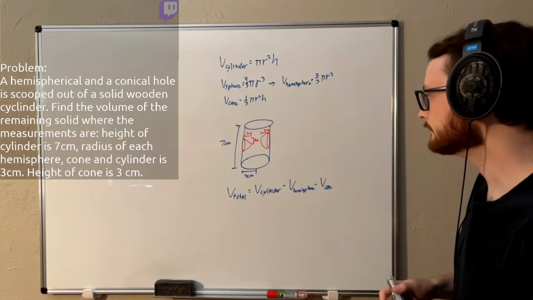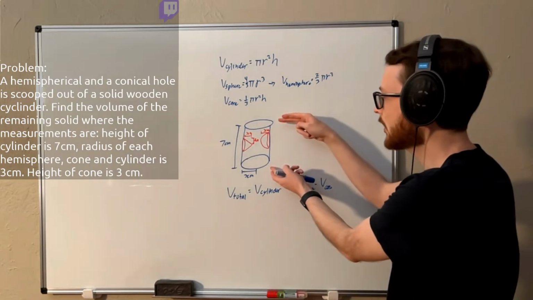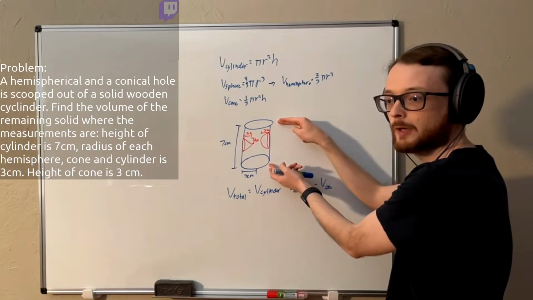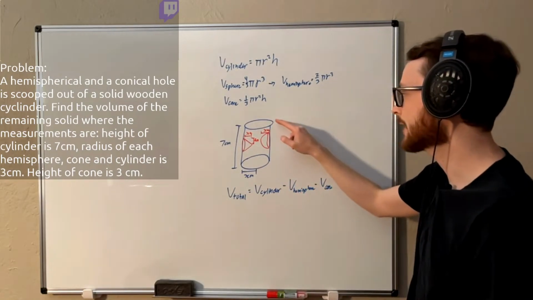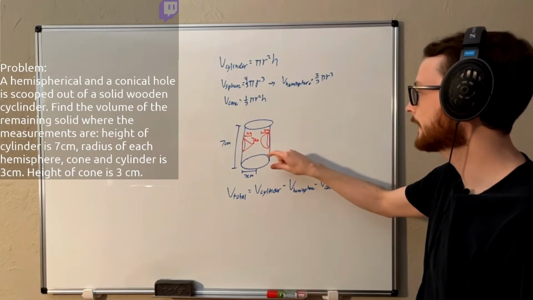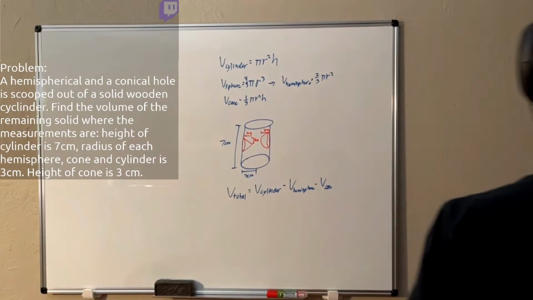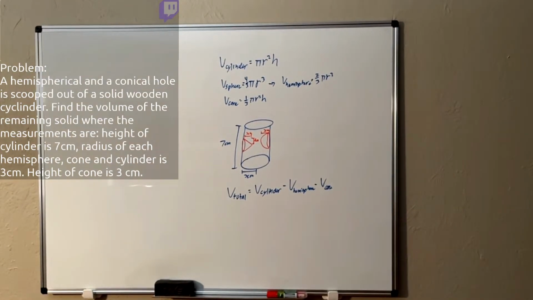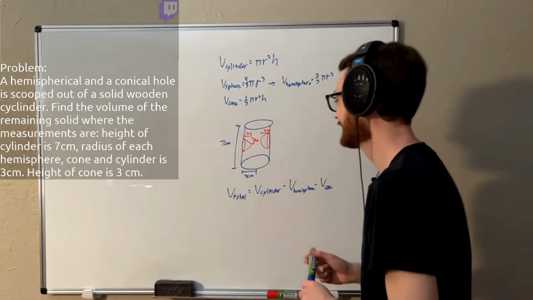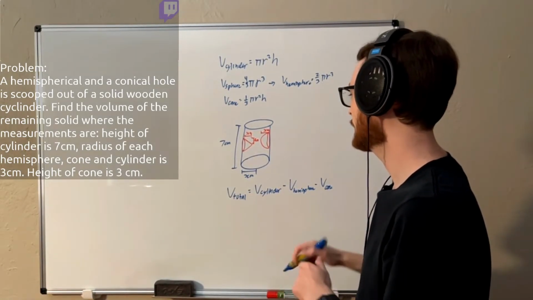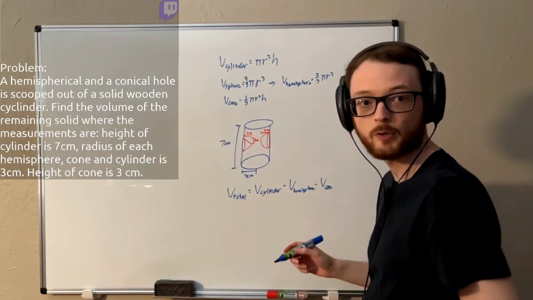So we're taking the entire volume of what the cylinder would be without any holes, and we're subtracting out the cone and subtracting out the hemisphere. It's a 10th grade question. Okay, yeah. I won't overthink it. And we know what each of these three things are, so let's plug into the formula.